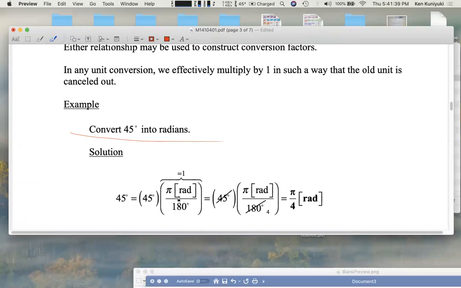Again, what represents 1? Pi radians over 180 degrees. That whole thing represents 1. 45 degrees times 1. Basically, the degrees units cancel. 45 goes into 180 4 times. So when you multiply these together, you end up with pi over 4 radians. Hopefully, you'll remember that. You might remember, for example, that a right angle, 90 degrees, is pi over 2 radians.